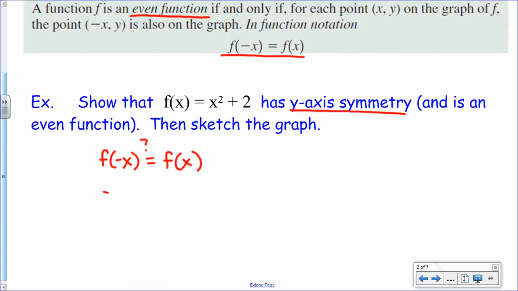So if I plug f of negative x into my function, I'm just plugging in a negative x where I see an x. We talked about that a little bit yesterday too.